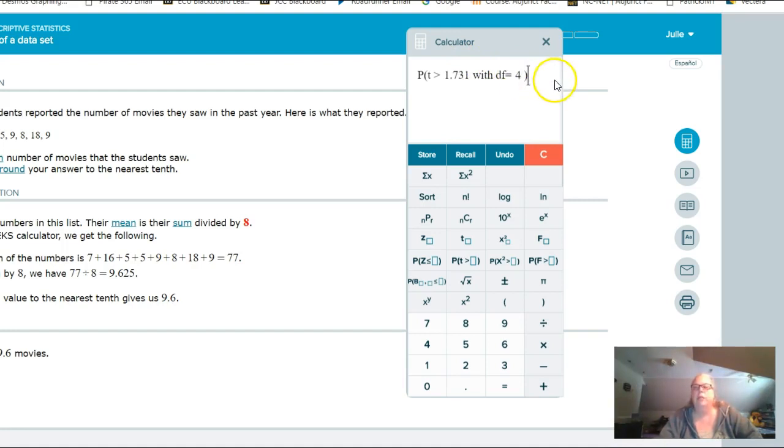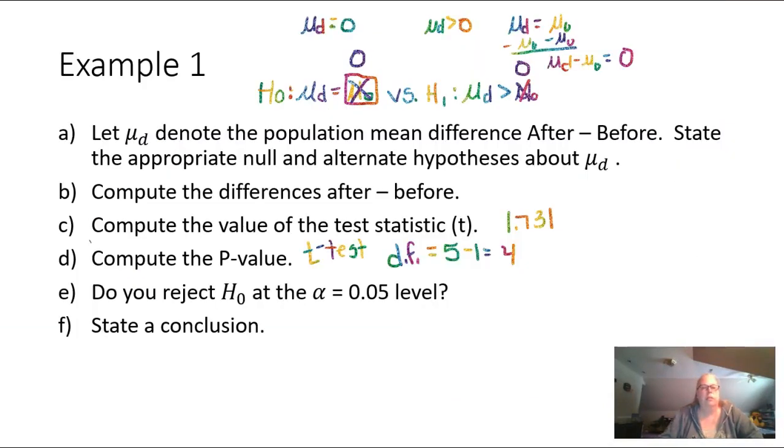And so there's our p-value right there, 0.079. So our p-value is 0.079.